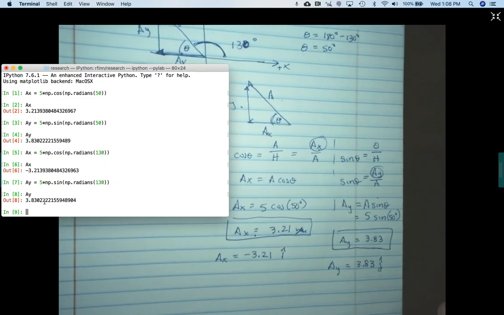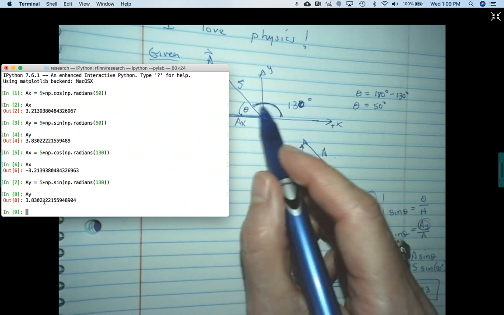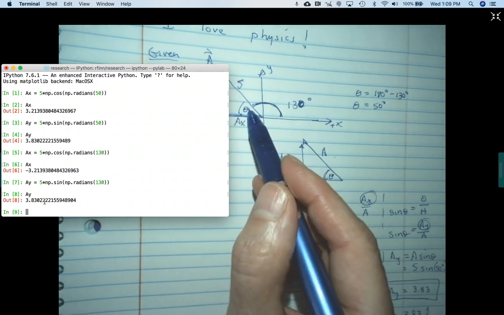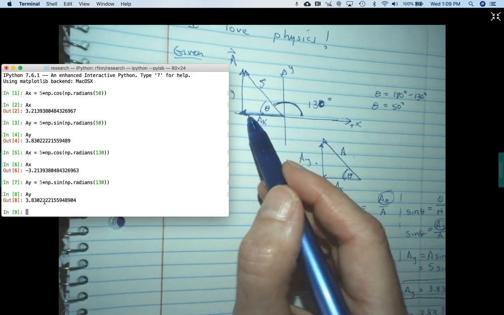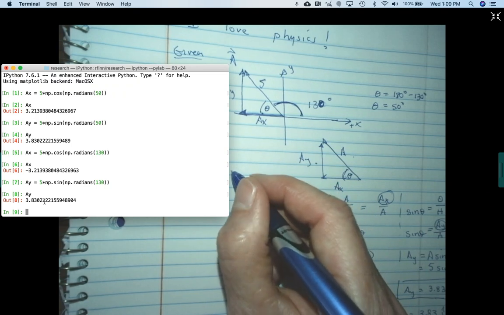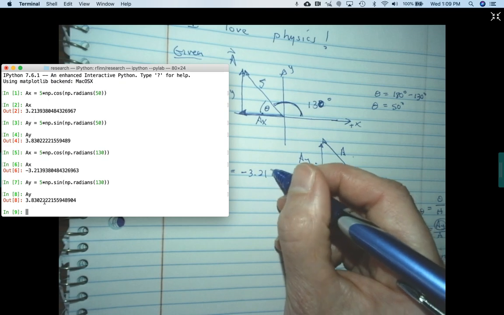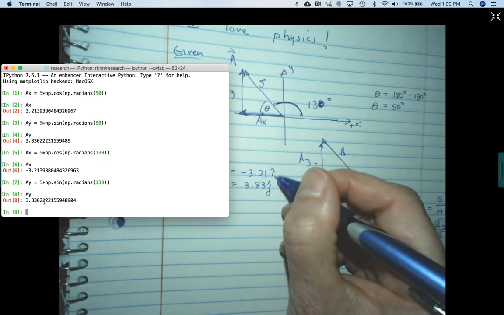If you use the angle as defined from the plus x-axis to your vector, that negative sign comes out automatically. My preference is to draw a regular triangle and then just think about what direction these components are pointing in. So AX in this case is negative 3.21 i hat, and this is 3.83 j hat.